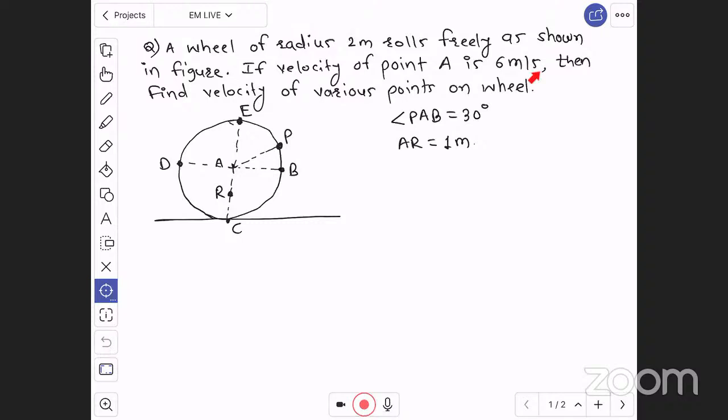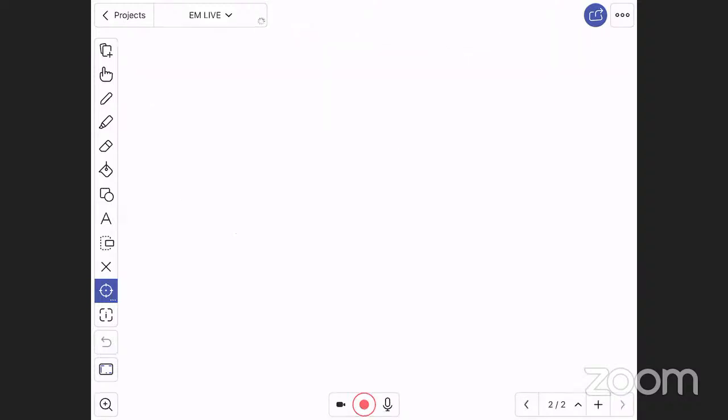Let us understand what is the meaning of plane motion. Here I am writing plane motion. See, plane motion is nothing but a combination of linear and rotational motion.